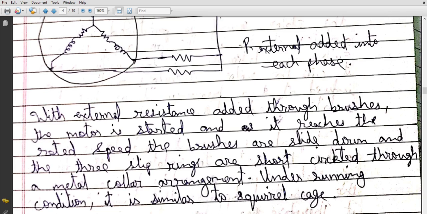Under running condition, it is similar. So why do we use it? So that we can get higher starting torque and we can improve the starting of the induction machine.